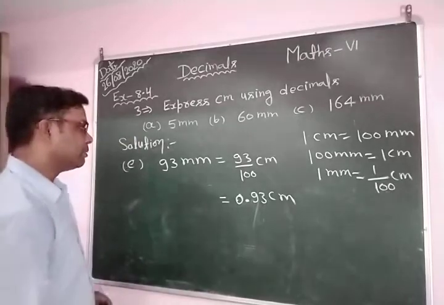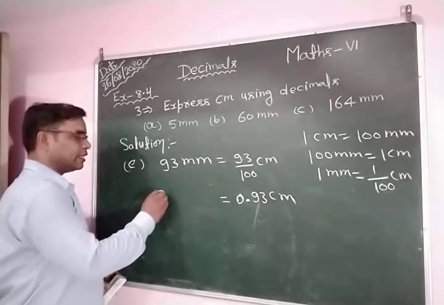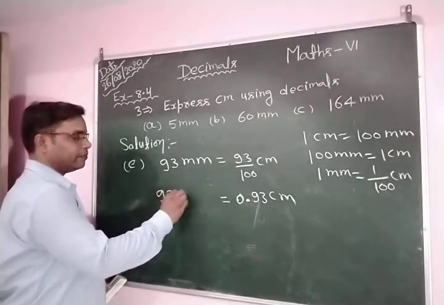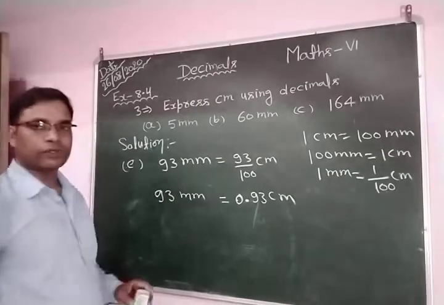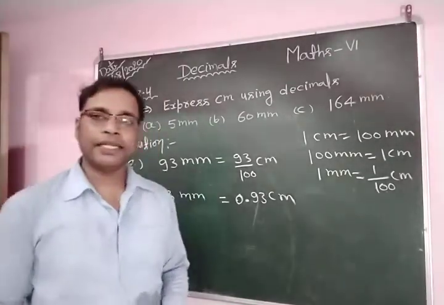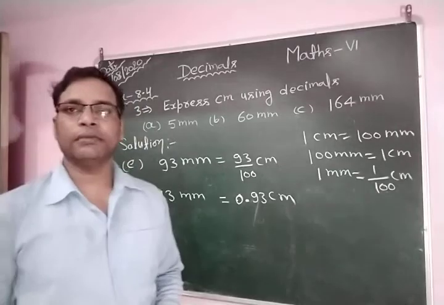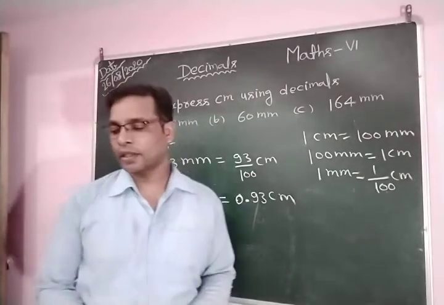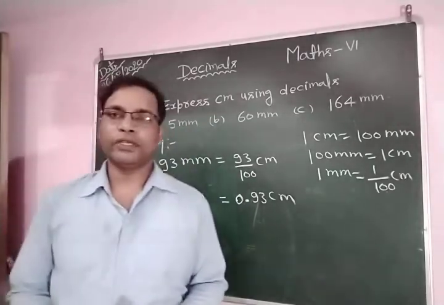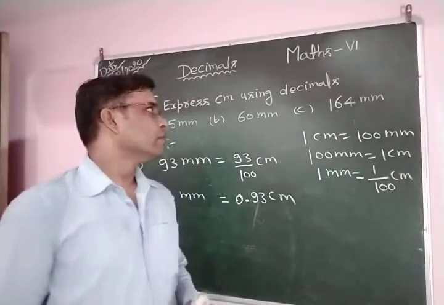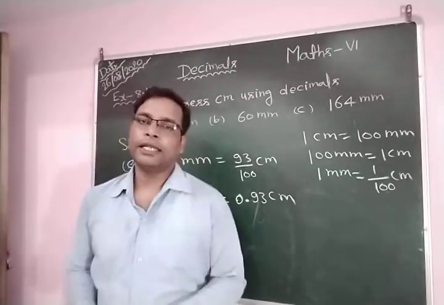So simply we can say 93 millimeter is equal to 0.93 centimeter. So students, I hope all of you understood this question. Now we are going to discuss the next question.